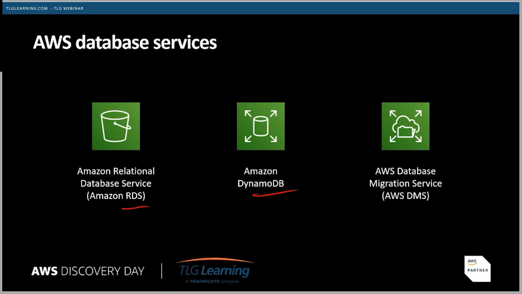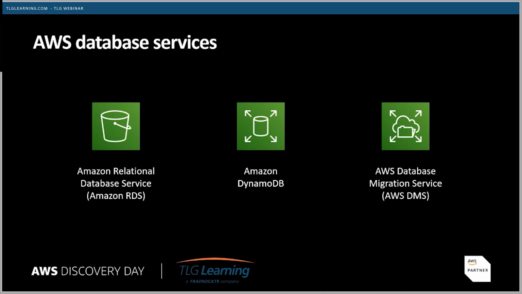If you're looking at migrating a database, for example, Database Migration Service, DMS, is available. It helps you migrate an on-premises database to the cloud. And there are other migration services too for migrating servers and applications you might be running on premises.